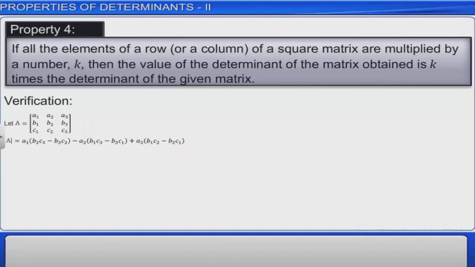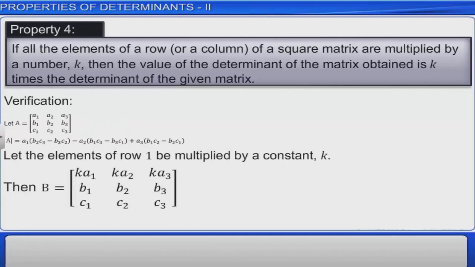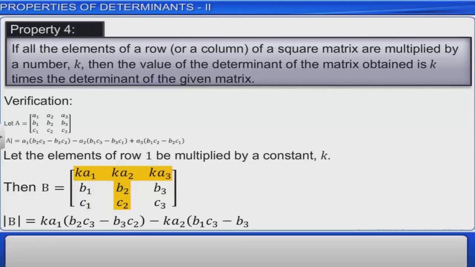Now, let B be the matrix obtained by multiplying each element of the first row by a constant k. Expanding B along the first row, we get k into A1 times of B2 C3 minus B3 C2 minus k into A2 times of B1 C3 minus B3 C1 plus k into A3 times of B1 C2 minus B2 C1.